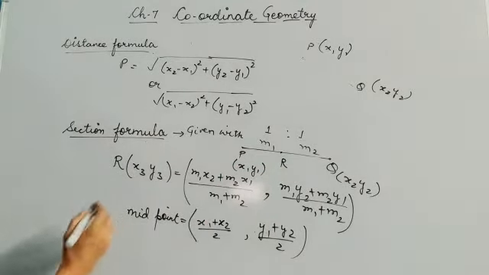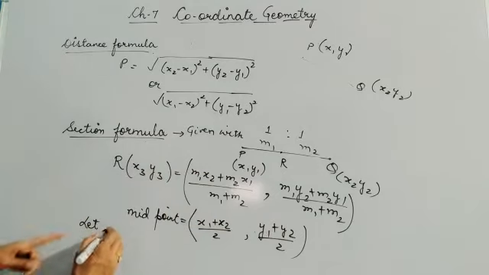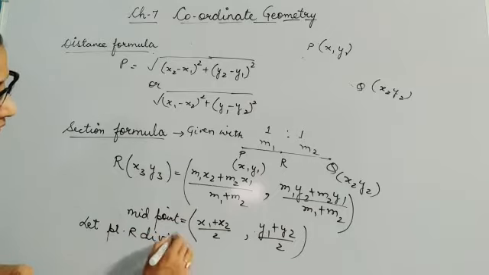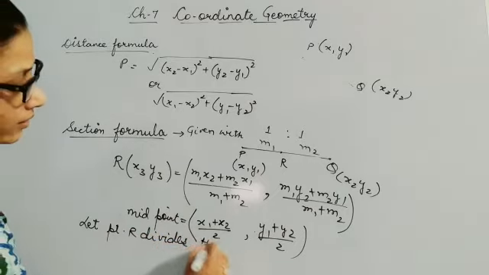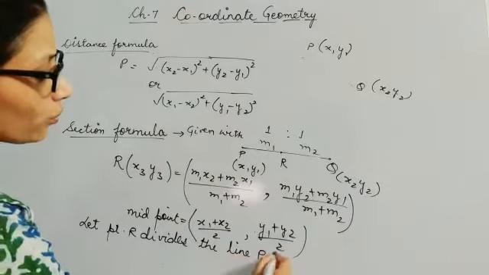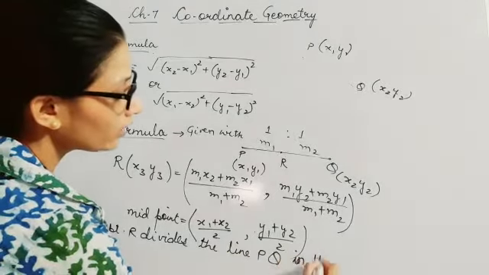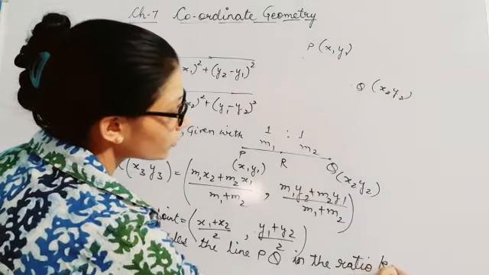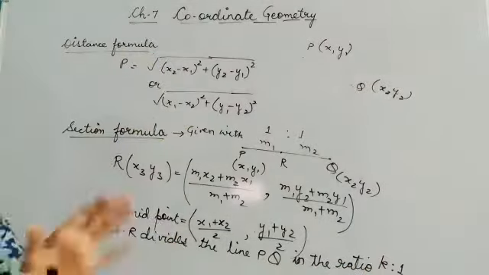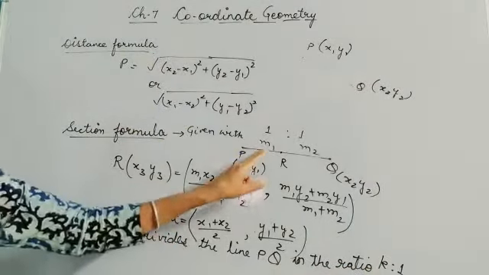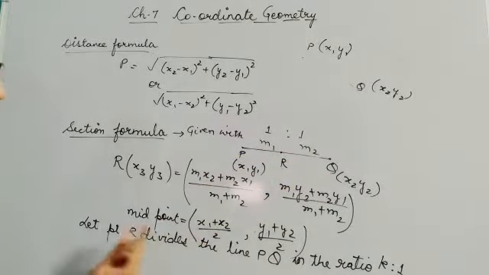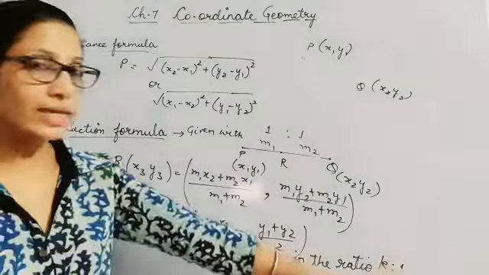In that case, you will always be taking the ratio as, let point R divide the line PQ in the ratio k:1.